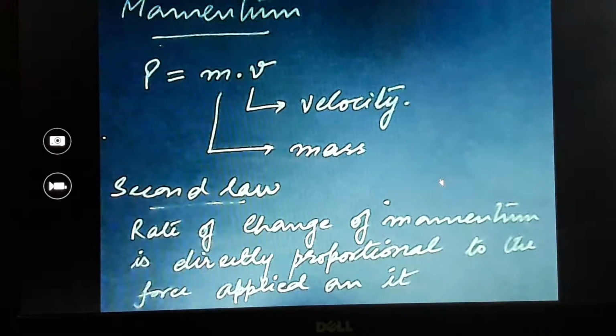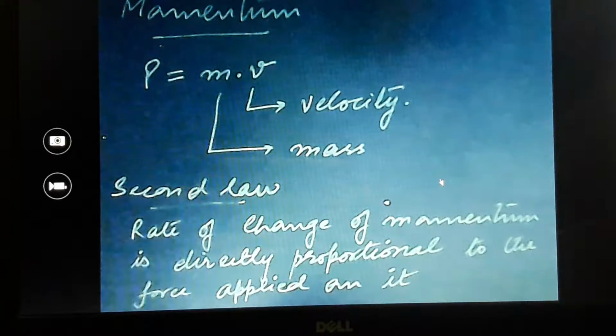Now, if we try to figure it out, let's say this rate of change of momentum, how can you find it out? It's like, let's say, delta p upon delta t, right? Now what are delta p and delta t?